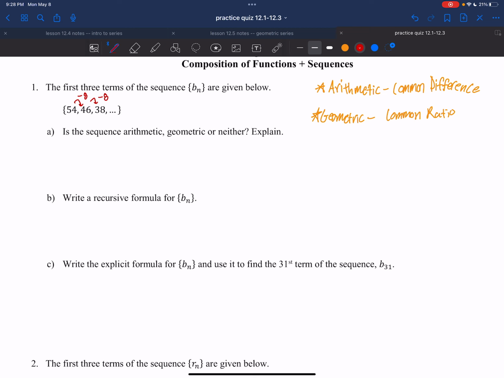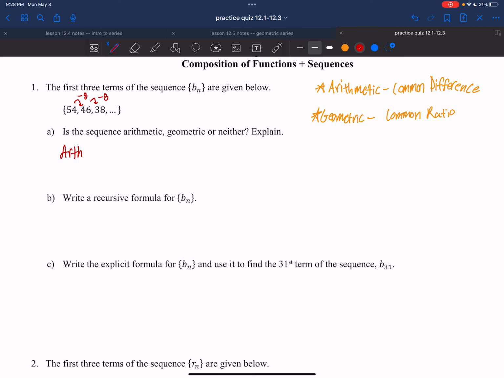I could double check for, let's see, let me do 46 divided by 54, get 0.85, 38 divided by 46. Nah, they're not the same. So definitely not geometric. Definitely not. Okay. So, well, it's arithmetic.